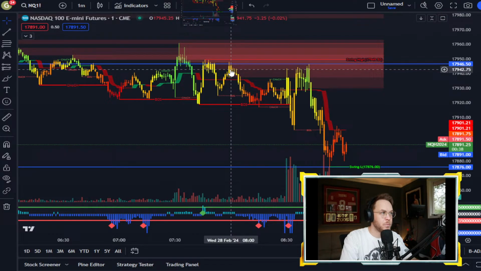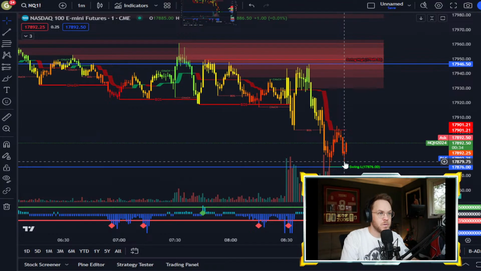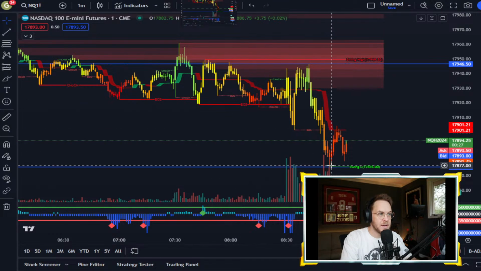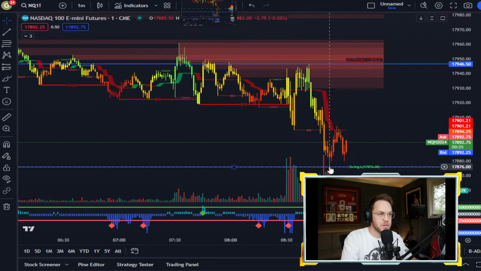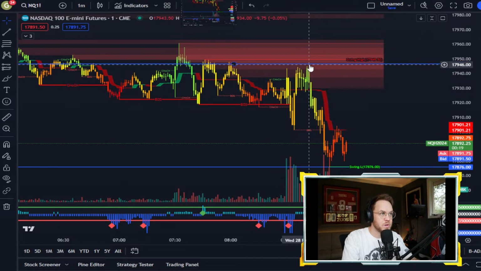This candle that I'm hovering over right now is 8 o'clock. This candle right here is 9 o'clock. So you can see within that window of time, the lowest we went is down here on this blue line, and the highest we went is right here on this blue line.